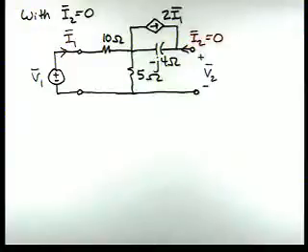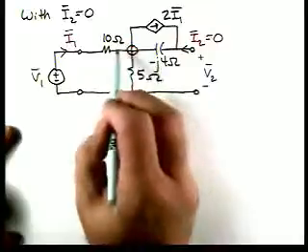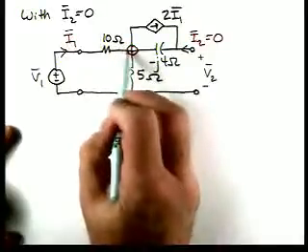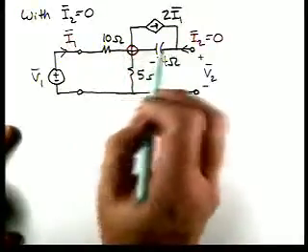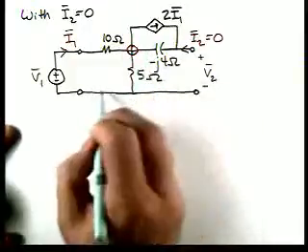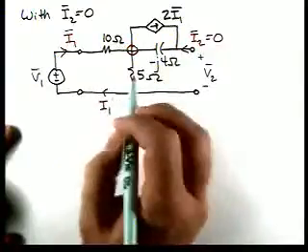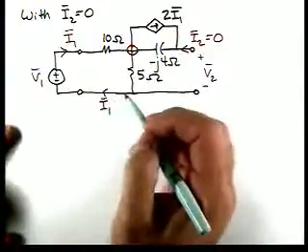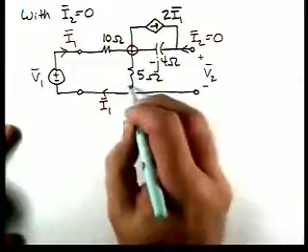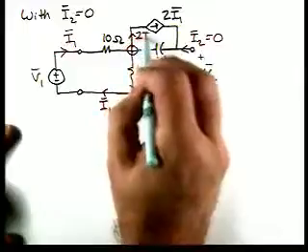Okay. So if we look at our circuit then, notice if we apply KCL here, there's I1 entering here, 2I1 entering here, and then here's I1, here's I1, there's 2I1 here.